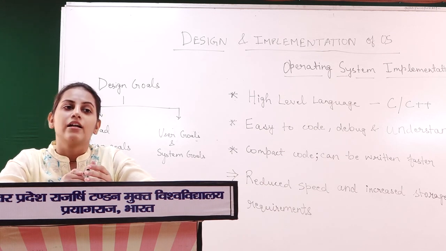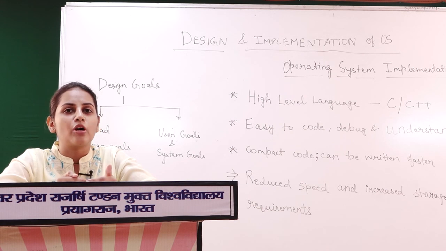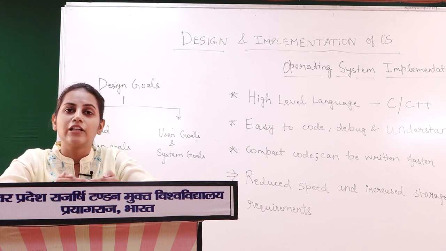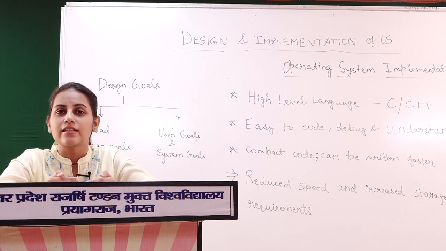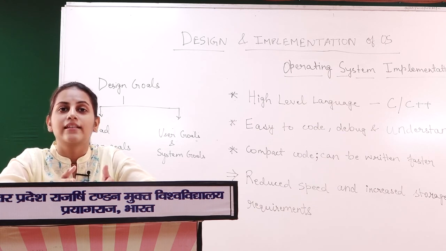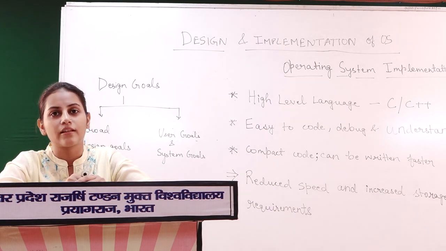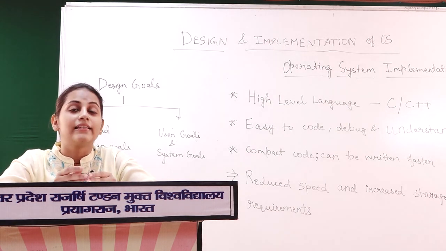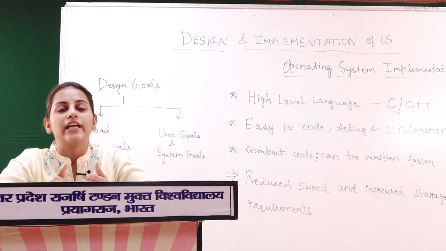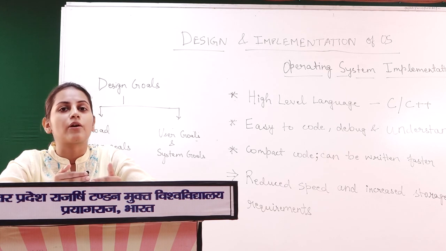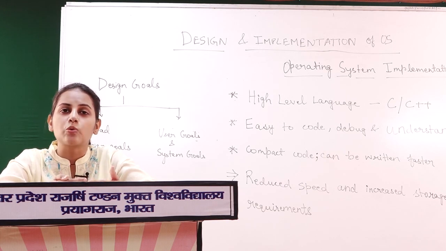Further, when we write the code of the operating system, if we don't know beforehand, we can use some kind of techniques to find out the bottlenecks that are causing the system speed to reduce. These bottlenecks can then be converted into equivalent assembly language code, and thus the speed issues can be reduced.